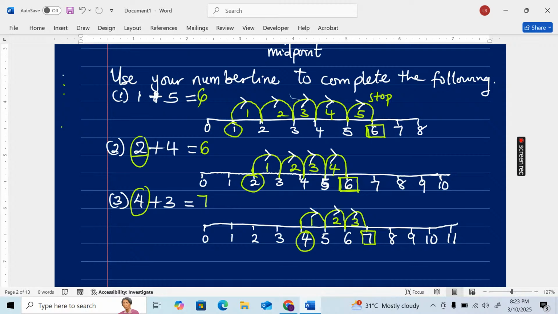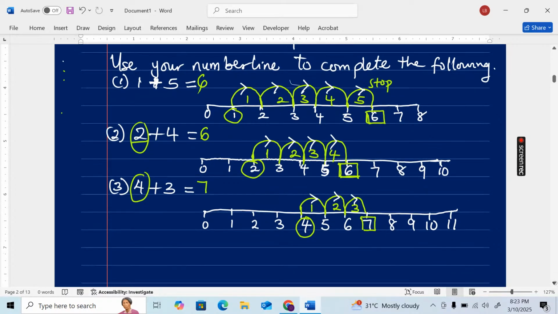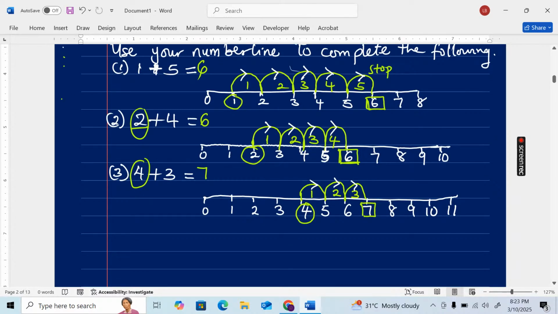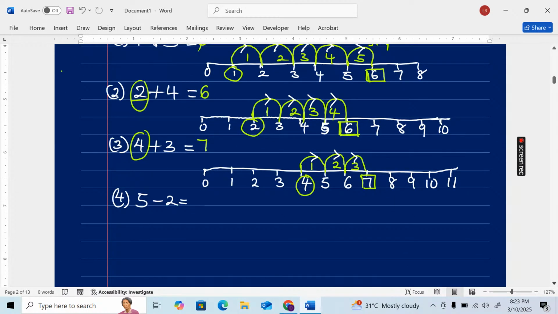Now we need to show how to do subtraction using the number line. So we're going to use the number line to also complete the next ones. The next one is number 4. We have 5 minus 2. This time it is subtraction. I don't want to hear, I know it already.